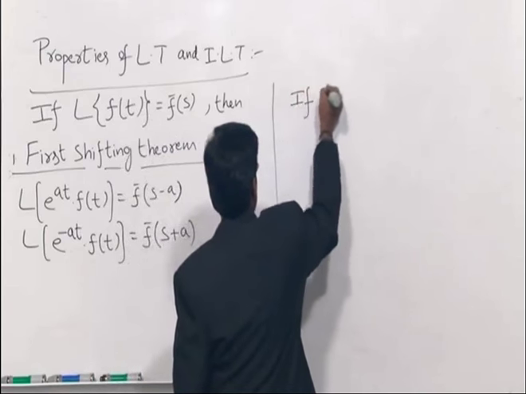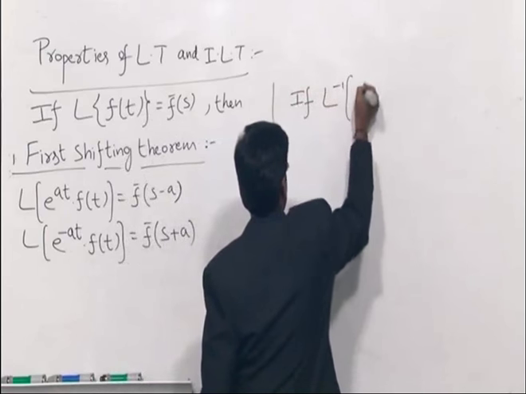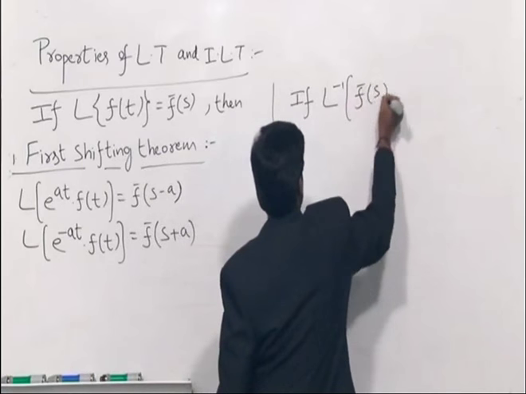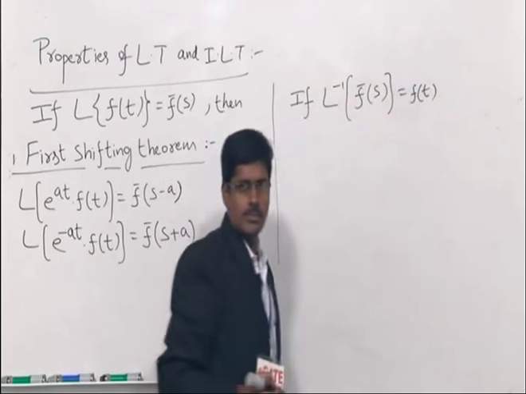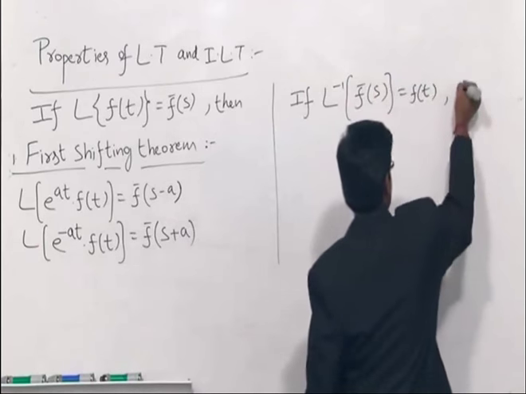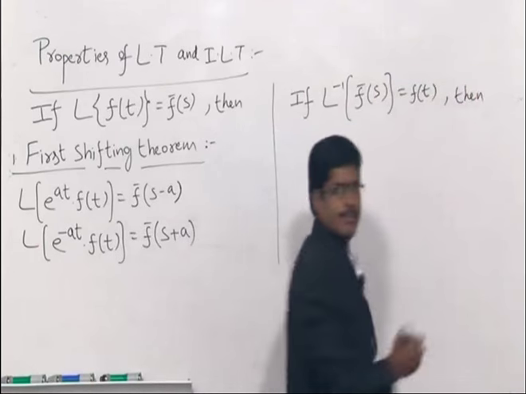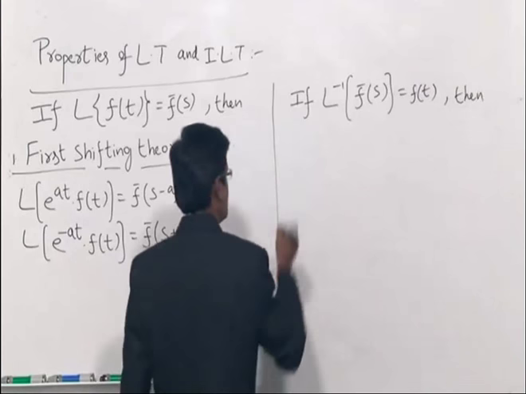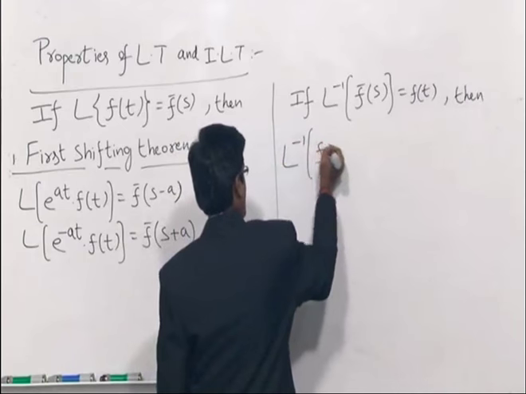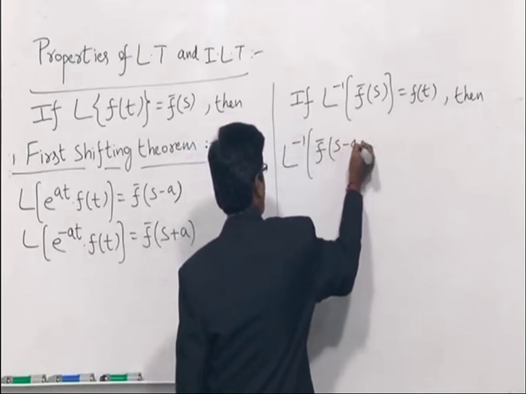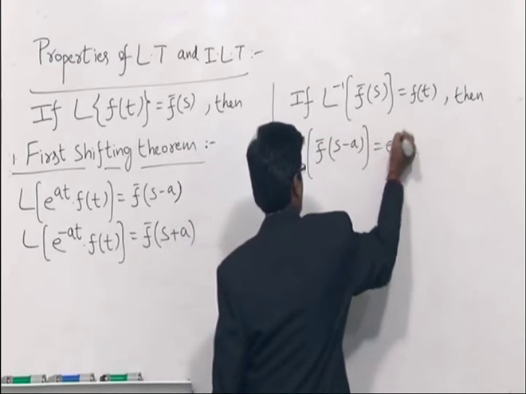If L inverse of f bar s is equal to f of t, then L inverse of f bar of s minus a is equal to e power at into L inverse of f bar of s.